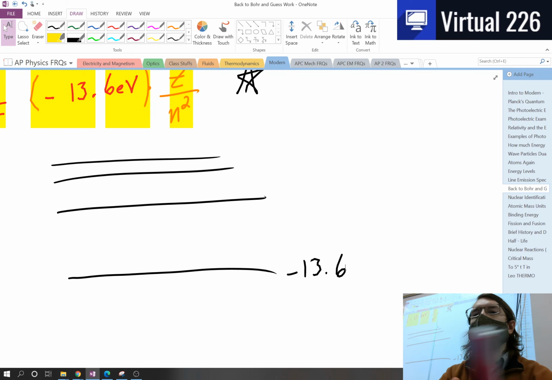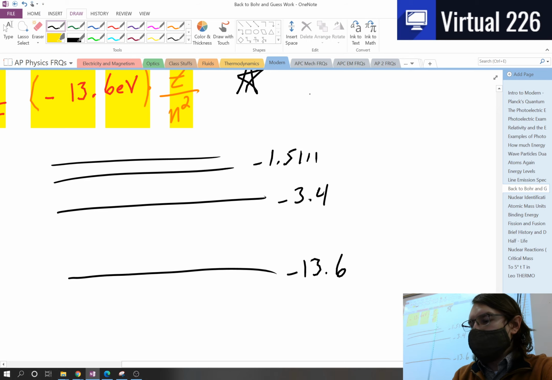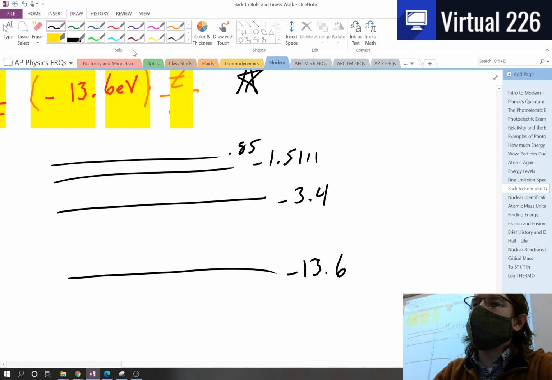As we move up to our first excited state, the second level, that'd be 13.6 divided by 2 squared, which is 4. This would have a value of negative 3.4. When we go up, our next level would be negative 1.5111, repeating: 13.6 divided by 9.